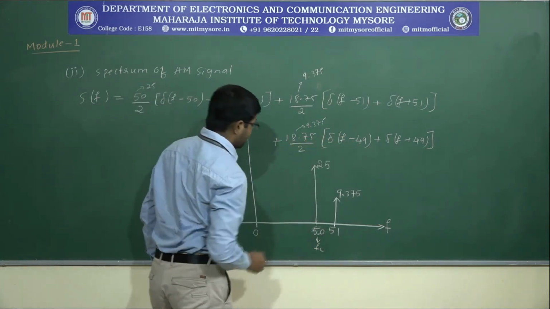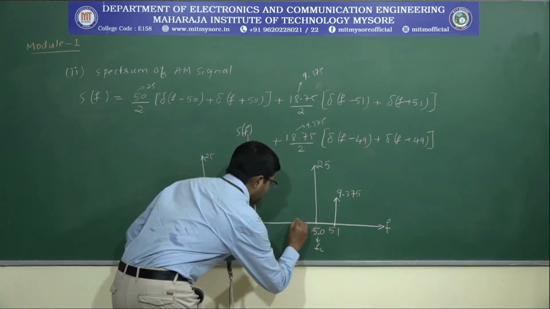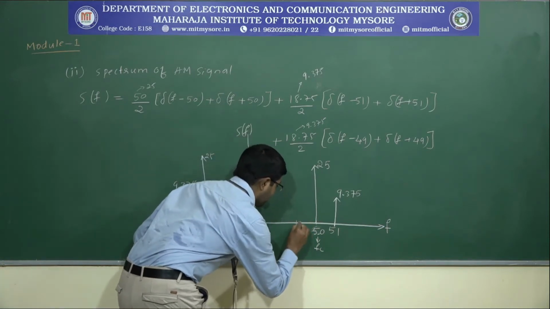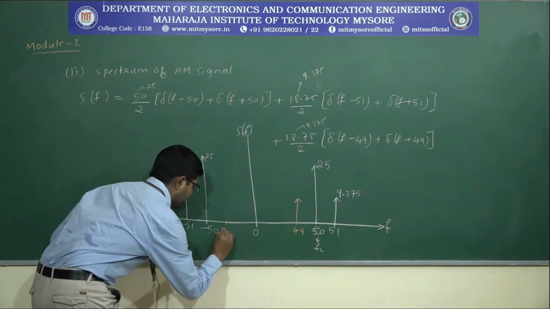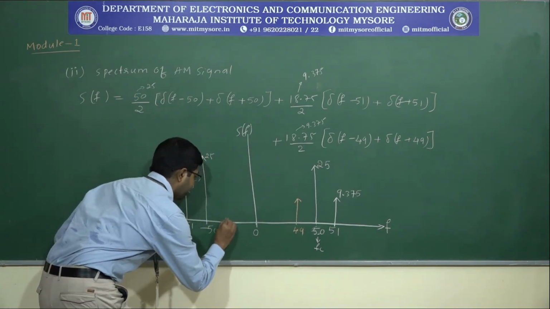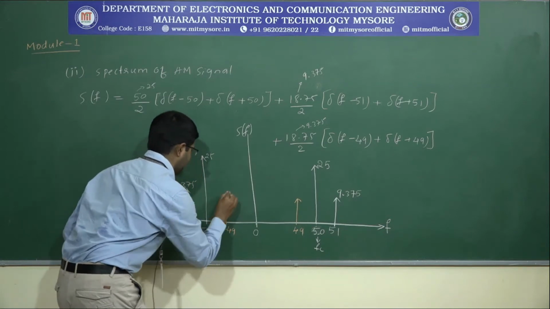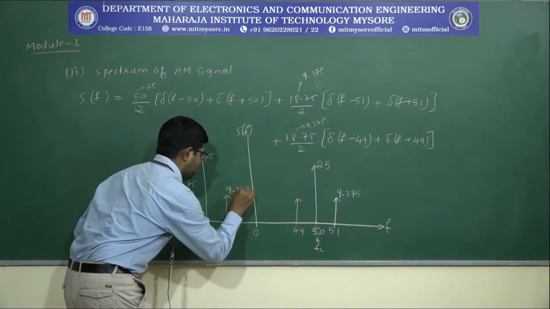For the LSB, it is 49. Here also it is at 49, because it is symmetric, with magnitude 9.375.